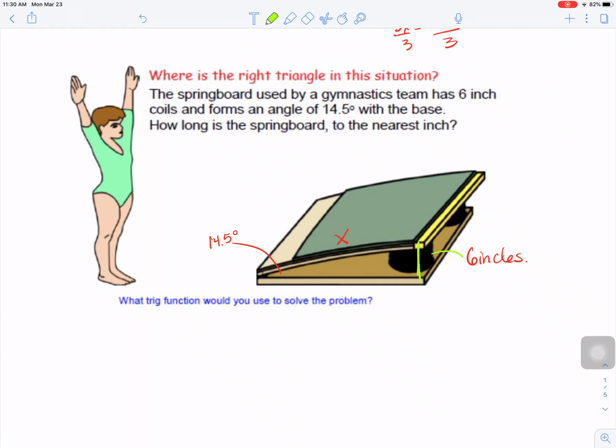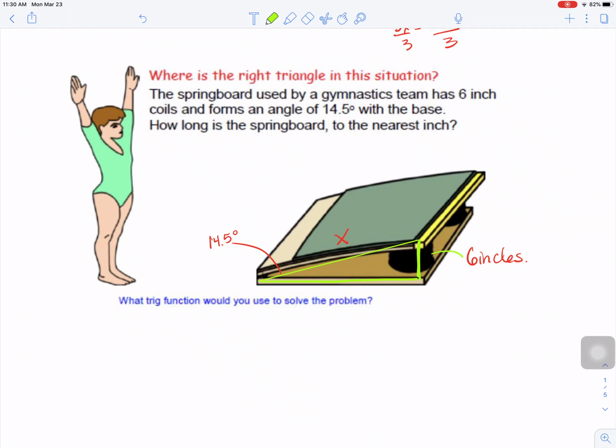Okay, so I'm going to have the coil as one leg and the base of the springboard as a second leg, and the hypotenuse is the board itself. And that's what we're looking for here. I hope you thought that's where that triangle goes as well.